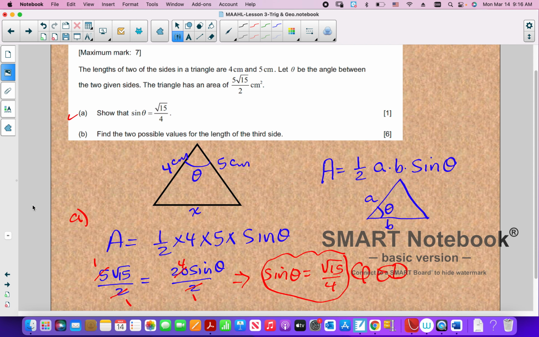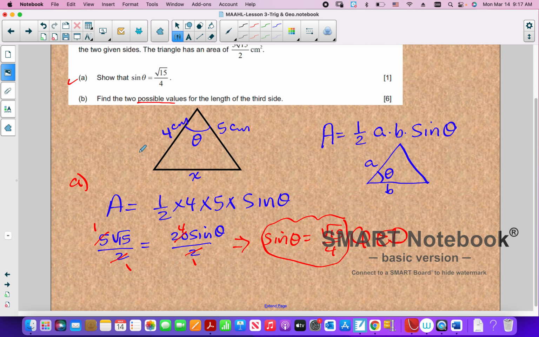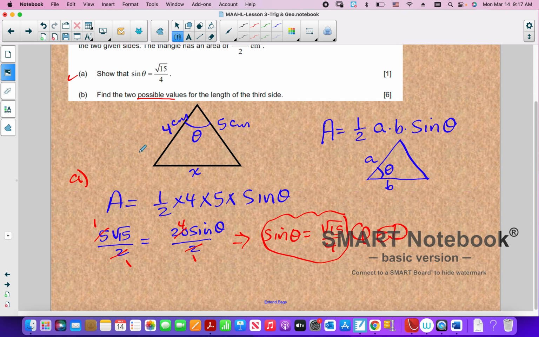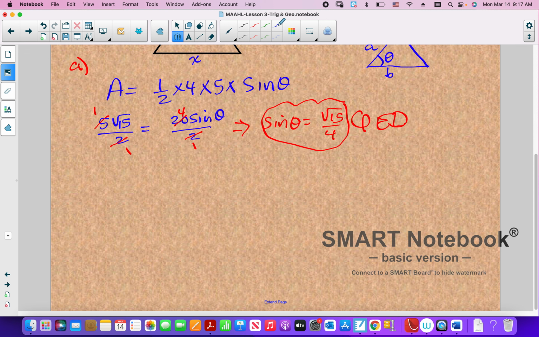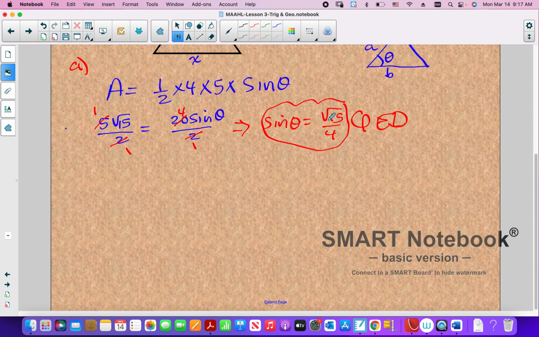Part B, they are asking to find the two possible values of the length of the third side, which is basically x. We already established that sine theta is equal to root 15 over 4. I can use the first Pythagorean identity, sine squared theta plus cosine squared theta is equal to 1.